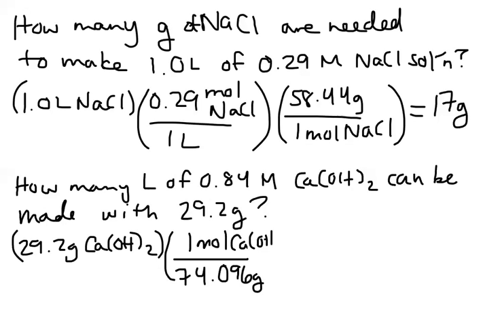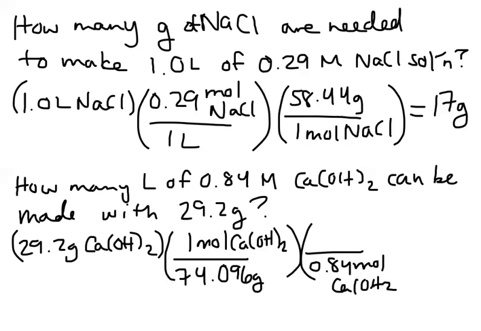Now, what do I do with that molarity? 0.854 moles of Ca(OH)2 per 1 liter goes on the bottom. And my answer is 0.47 liters of Ca(OH)2, with 2 sig figs.